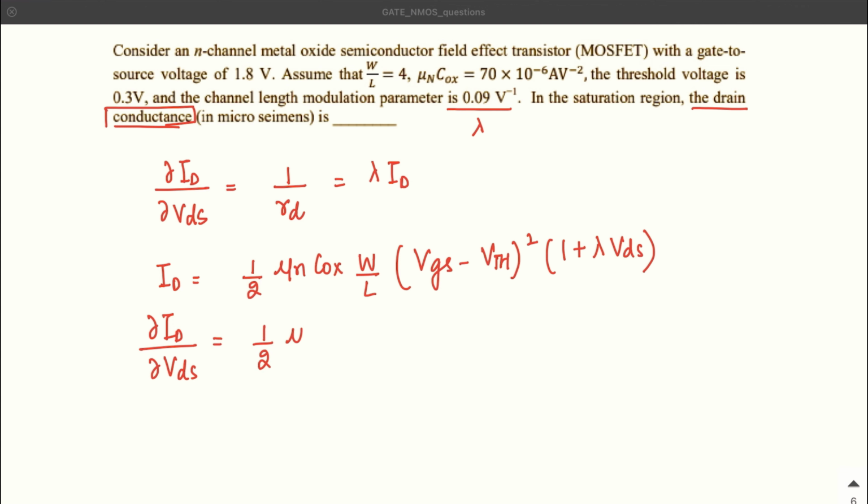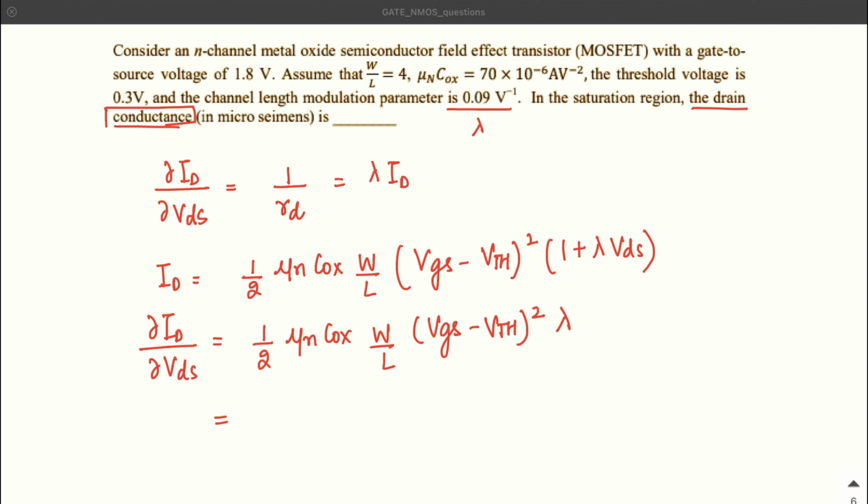You would get half mu n Cox W by L, and this would be (VGS minus VTH) whole square dot with lambda. So this would be the derivative, and that's what is asked to us in the question.